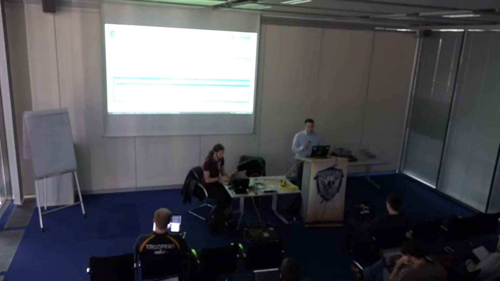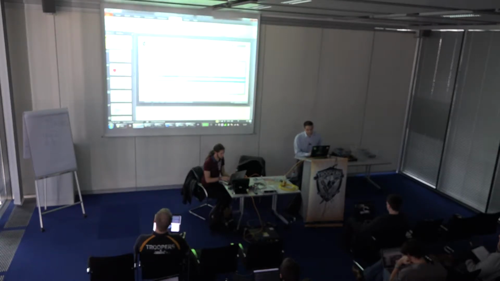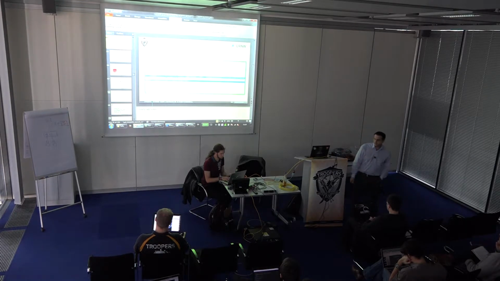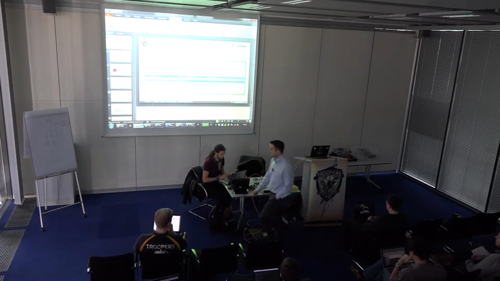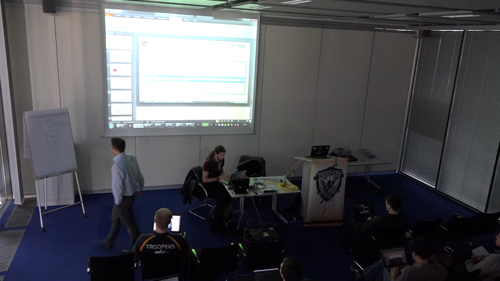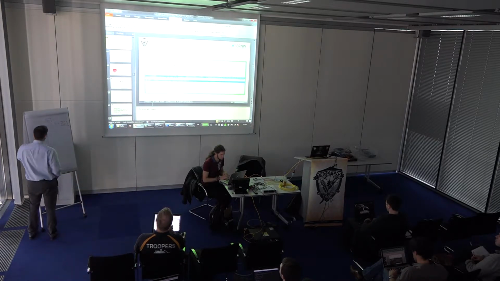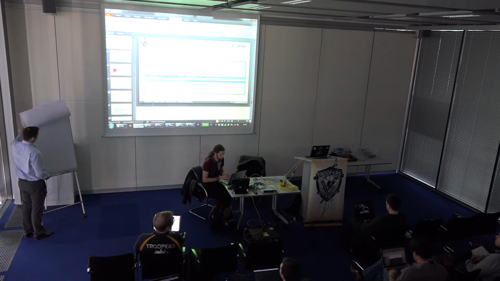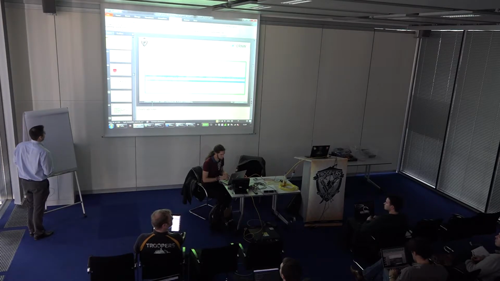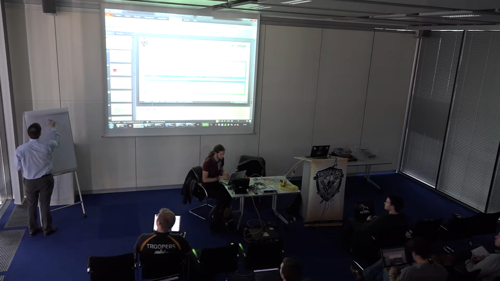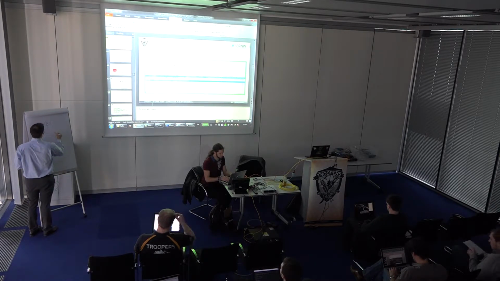To do that, it's actually pretty simple, just so that you know what the topology looks like. It's pretty basic. We have our legitimate router, R1, which is the white box on the table. We have our switch, which is also the white box.